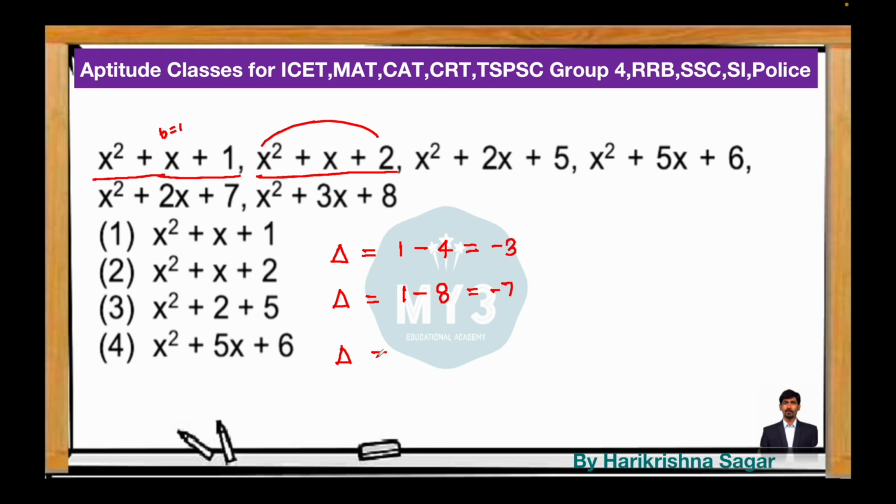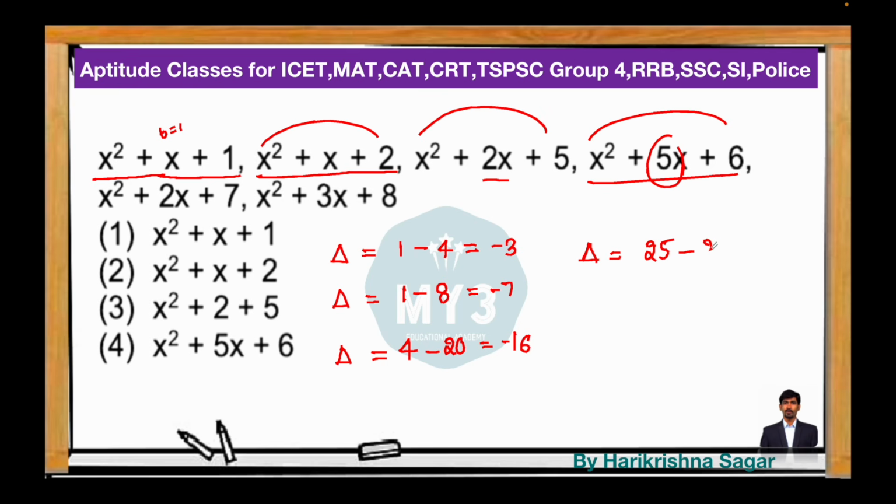If you observe the discriminant value for this, b square, which is 4, minus 4ac, 4 into 5, which is 20, gives a result of minus 16. For this one, the delta value will be b square, which is 25, minus 4ac, 4 into 6, which is 24. I am getting this result as plus 1.